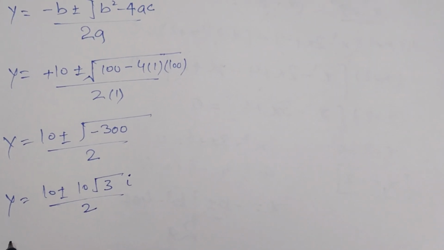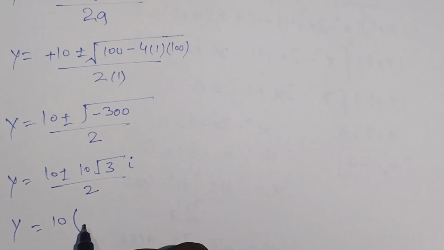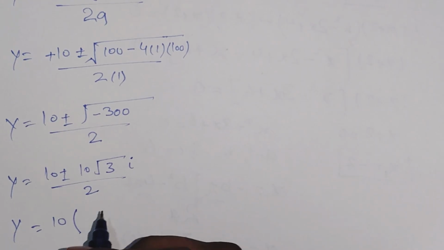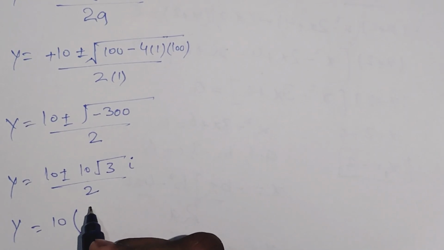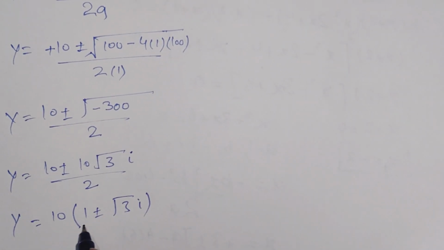Now we take common 10. It will be 10 times 1 plus minus square root of 3 iota, all over 2.